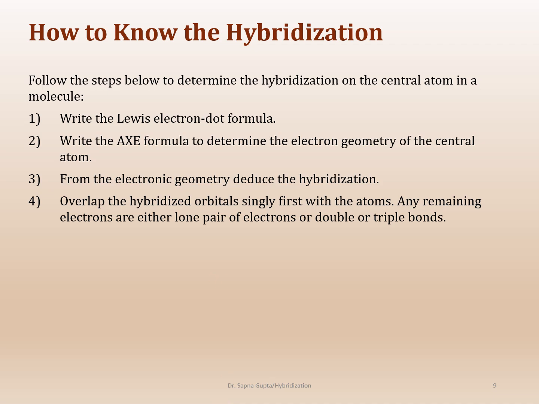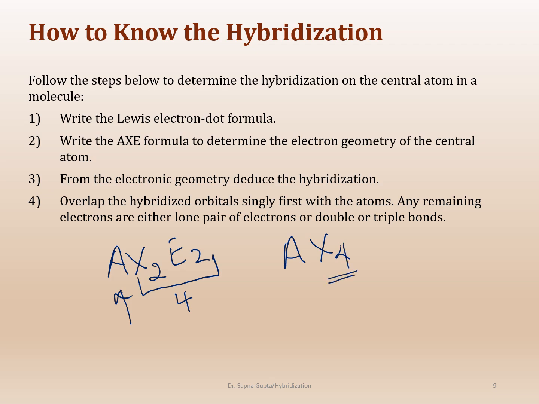Let me just explain to you just a tad about electron geometry. If you have a formula, say AX2E2, that's 4, which means you have 4 electron groups around A. If you have AX4, that is also 4 electron groups around A. But in AX4, you don't have any lone pair of electrons. In AX2E2, you have 2 lone pairs.